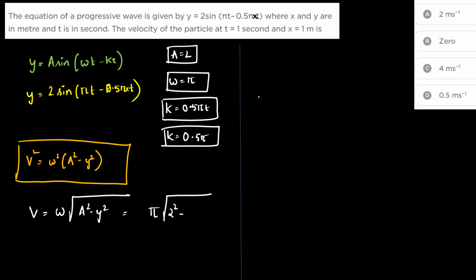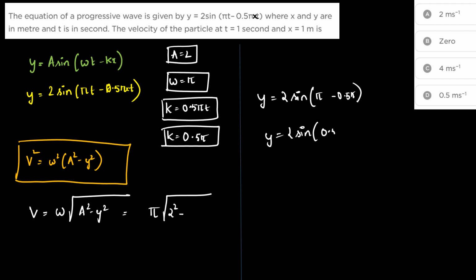So substituting, I should get 2 multiplied by sine of pi multiplied by t, which is 1, so pi minus 0.5 multiplied by pi, right? So when I simplify, y will be equal to 2 sine of pi minus 0.5 pi.